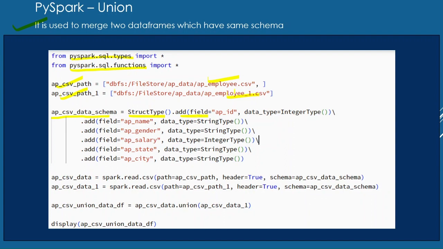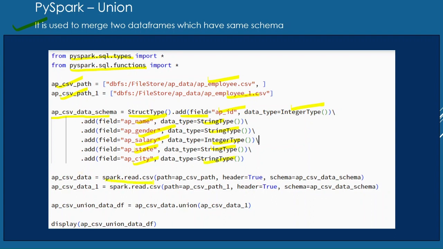With the help of StructField, I am defining the column names and the data types. Here I am defining 6 column names and data types: AP name, its data type, gender, its data type, AP salary, its data type, AP state, its data type, AP city, and its data type.